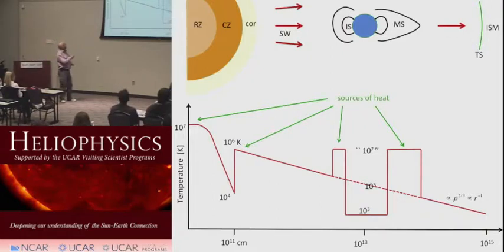If you have a peak in temperature, heat is flowing away from it. That means there's nuclear fusion going on at the center of the sun, heat moving outward down to our transition region here, then heat being generated in the corona, then driving this solar wind, then heat being generated in the interaction with the magnetosphere, and then falling off.